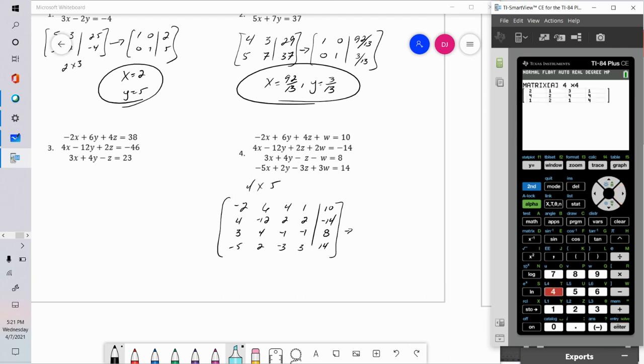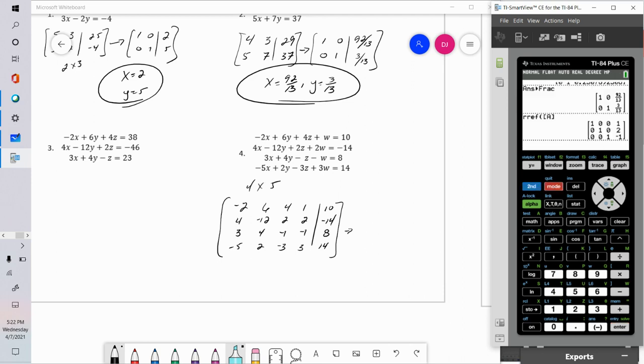This time, just remember, it's a 4 by 5 matrix. -2, 6, 4, 1, 10, 4, -12, 2, 2, -14, 3, 4, -1, -1, 8, -5, 2, -3, 3, and 14. So there we go.